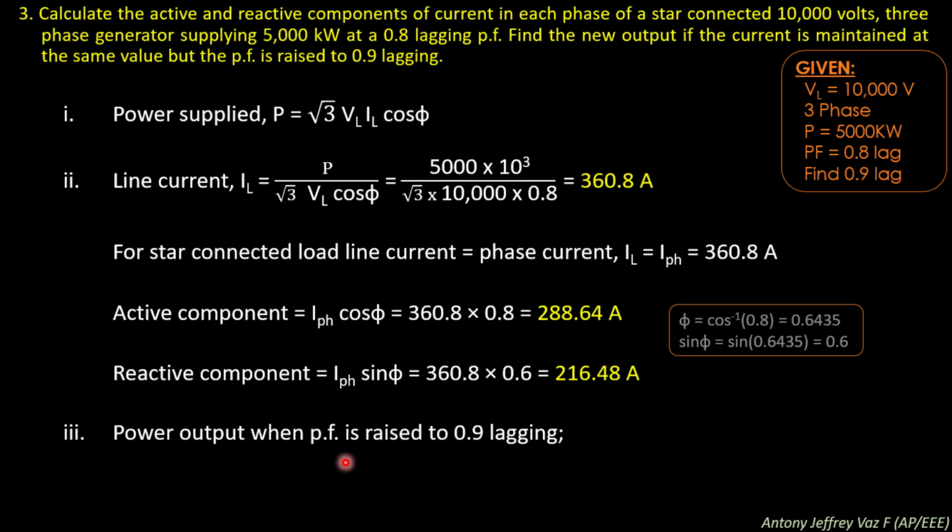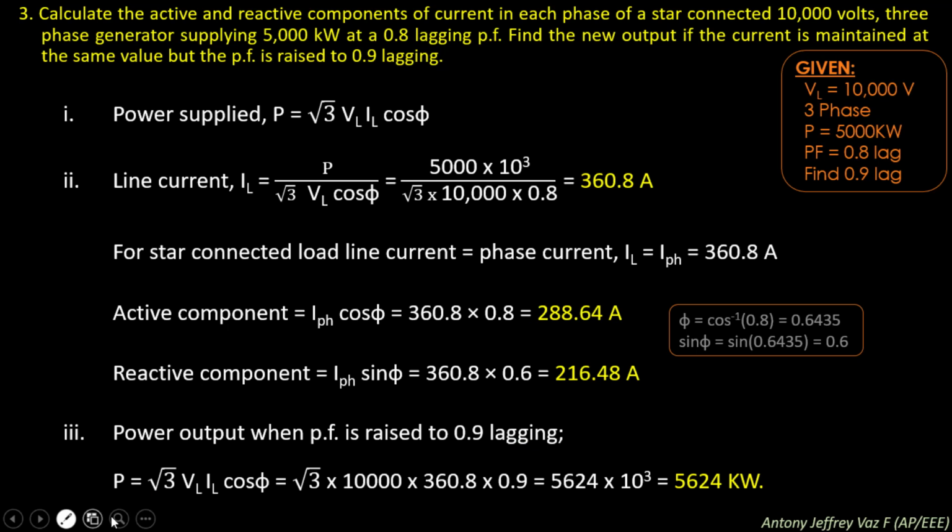So the power output, that is the last part of the question, you need to find the power output when power factor is raised to 0.9 lagging. So the power output P is equal to root 3 VL IL cos pi. So root 3 is same, VL is 10,000 volt and the line current is 360.8 amperes and the power factor is 0.9.